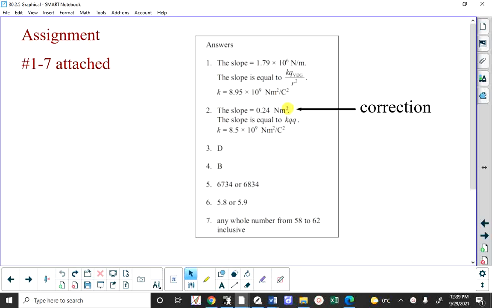So a couple of things here with regards to the key for these questions.